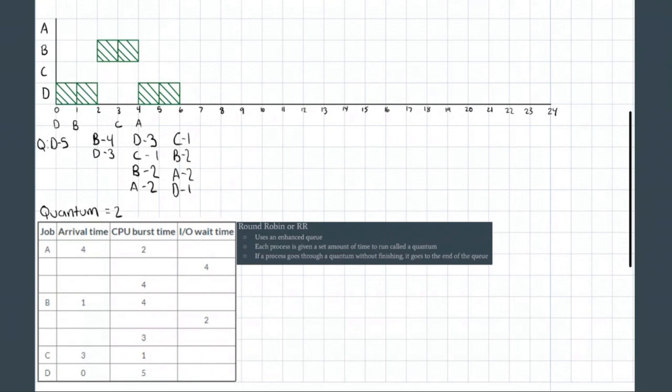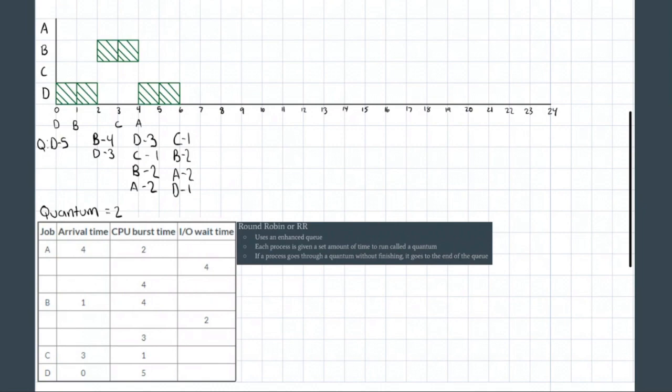Since B just finished, B gets put at the end of the queue, and since D was in the queue after B at time 2, D is now first.